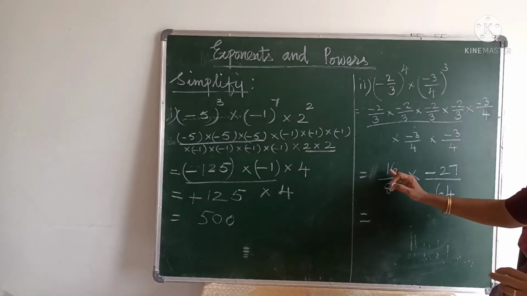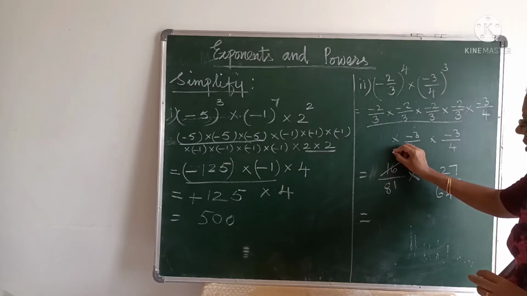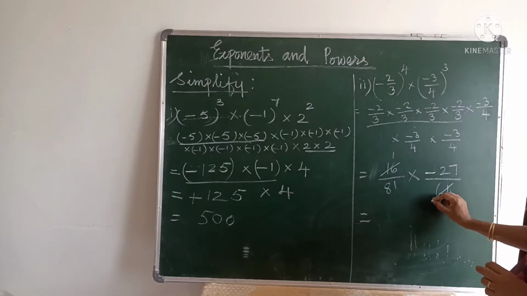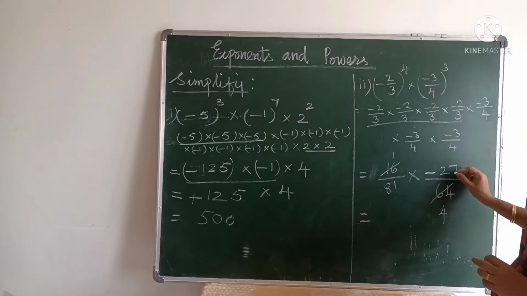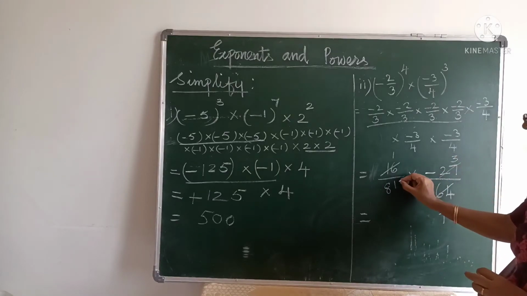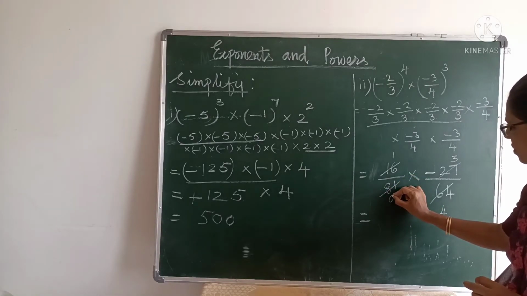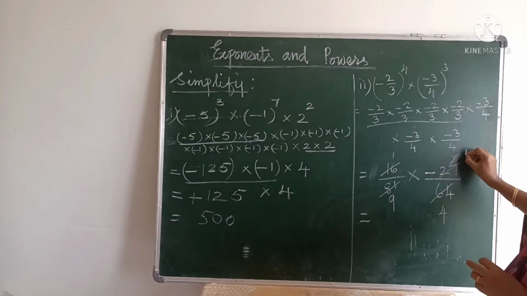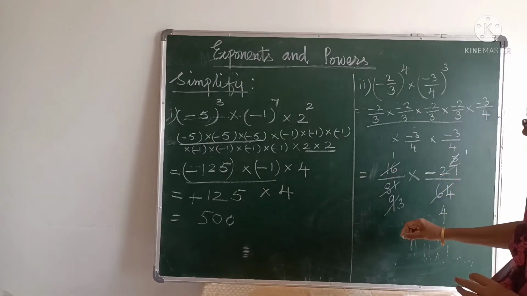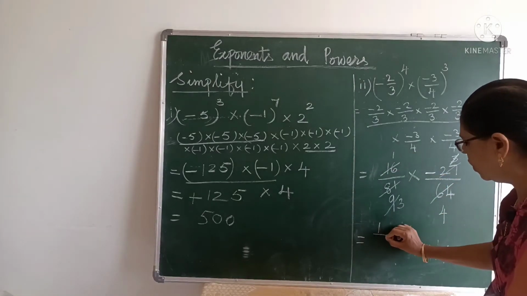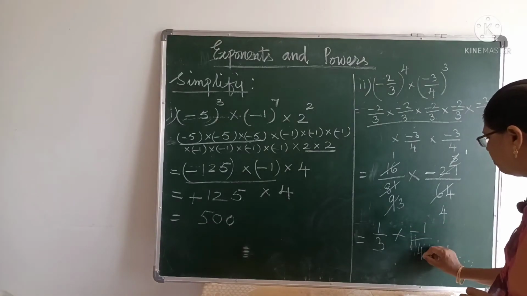Children, here we can reduce the numbers, cancel the numbers. 16 ones are 16. These two numbers are divisible by 9. This is 3 times. Again 1 time, 3 times. Let me write it here. 1 upon 3 into minus 1 upon 4.